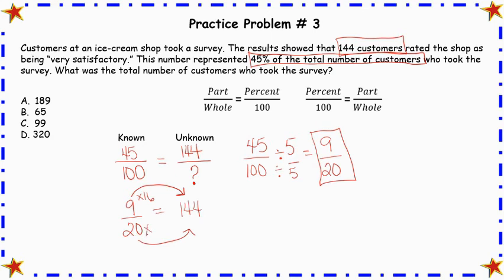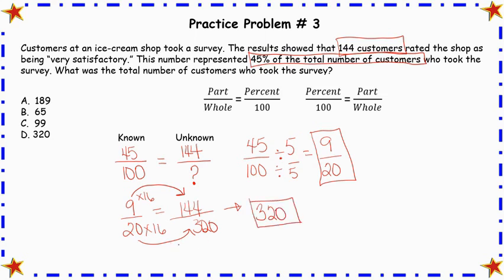So 20 times 16 is going to give me 320. So the answer to the question, what was the total number of customers who took the survey, is 320.